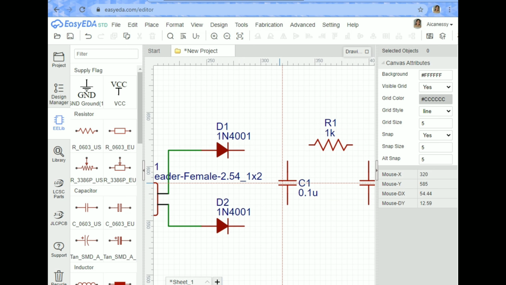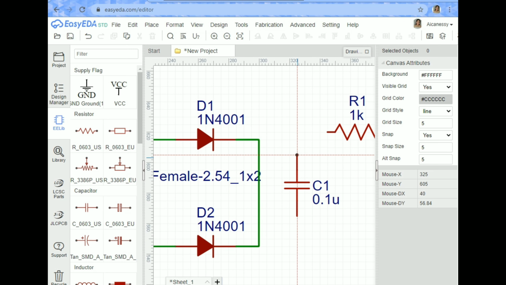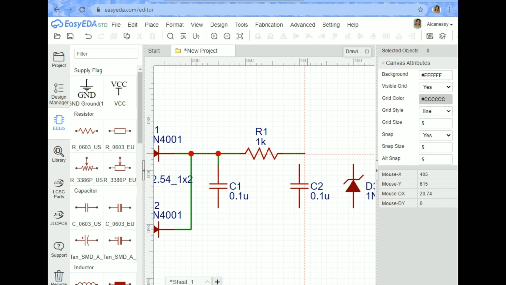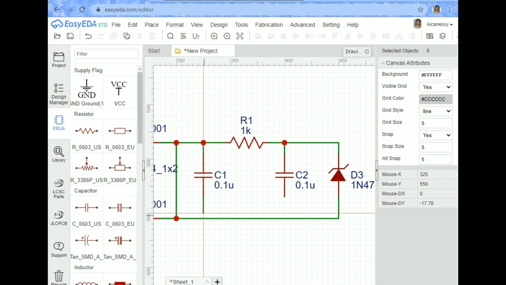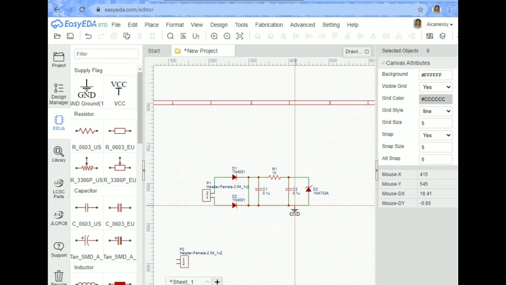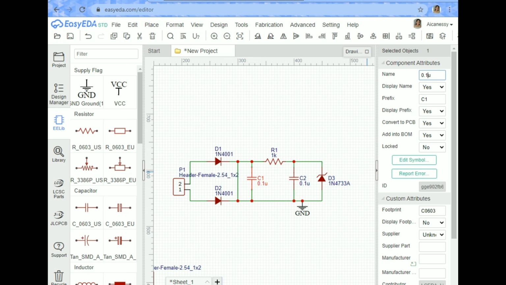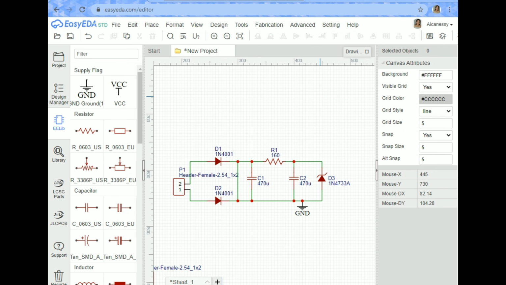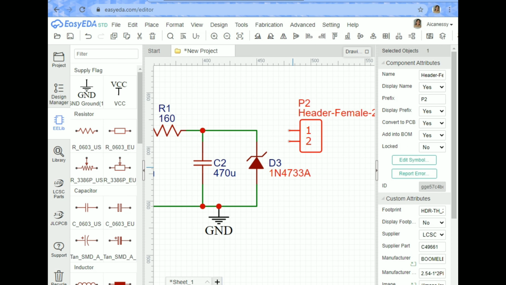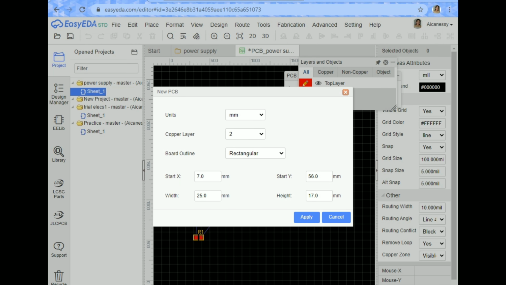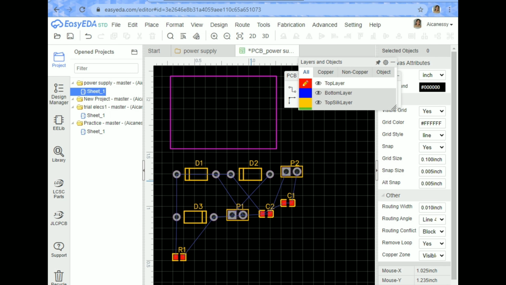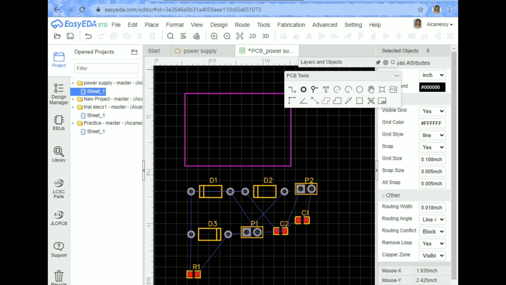I used the library on the left tab to find the components I need for my circuit. After gathering all the components I needed, I connected them based on the circuit we made earlier. Now that we are done with our schematic diagram, we can convert it into a PCB.